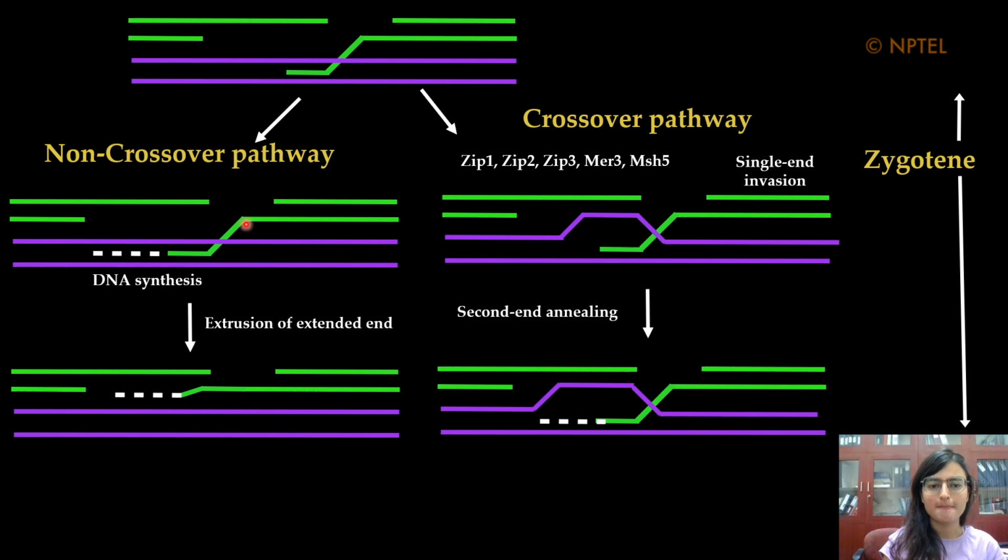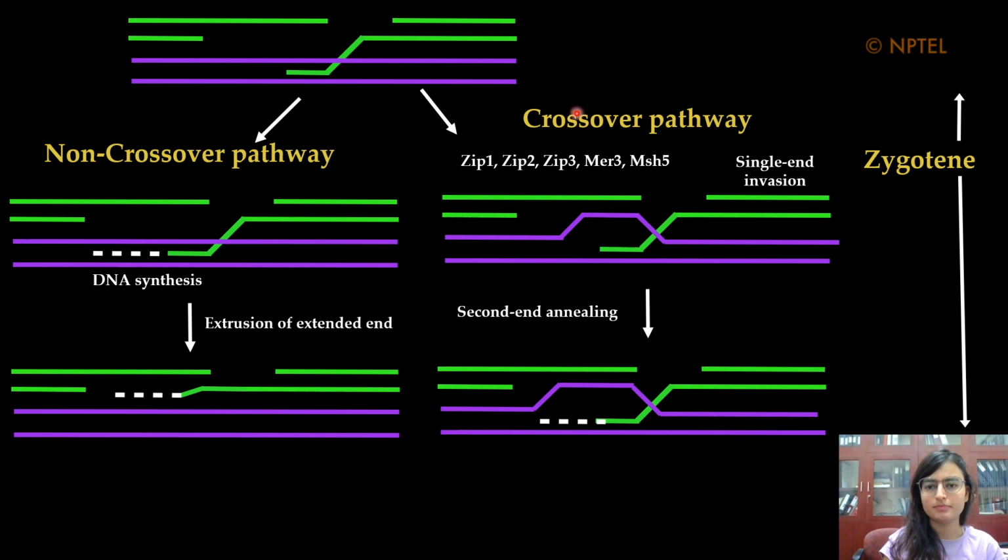In this case, the single-stranded DNA end extends itself or invades the homologous template, DNA synthesis is primed on this template, and a certain length of DNA is synthesized. After this, this extended end is extruded and this sort of intermediate is formed.